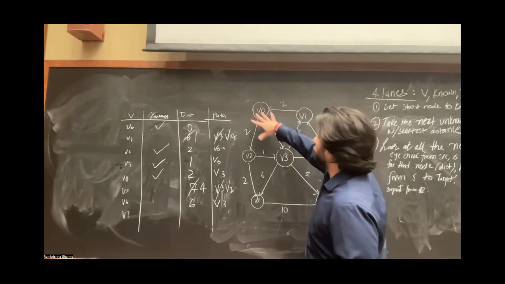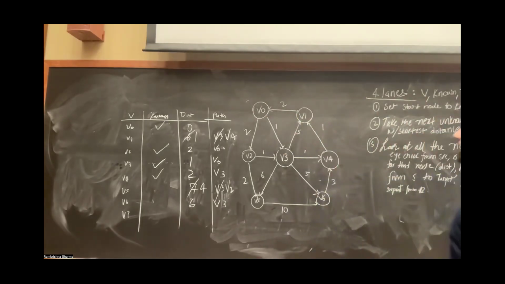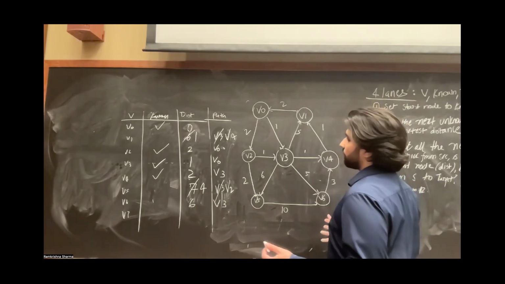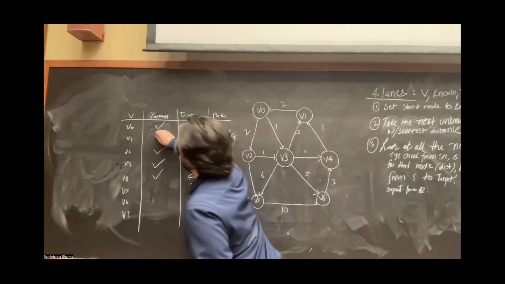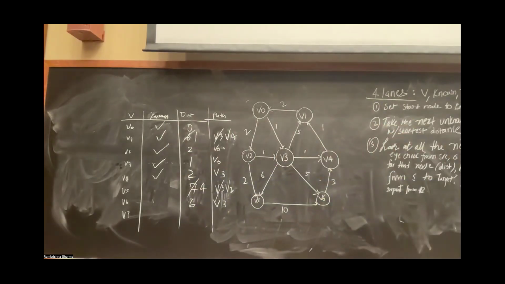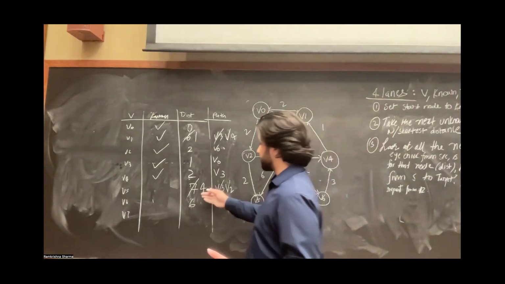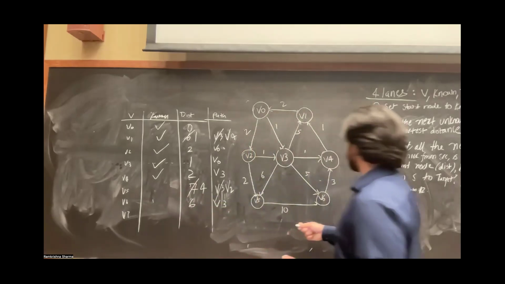Gee, what's the shortest distance that can take us from V0 to V0? Well, that's clearly 0. So that's kind of redundant. And of course, since we're processing V1, we want the check mark there. And that's said and done. There's nothing to do. Next unknown node of shortest distance between 4 and 6 is clearly V5.